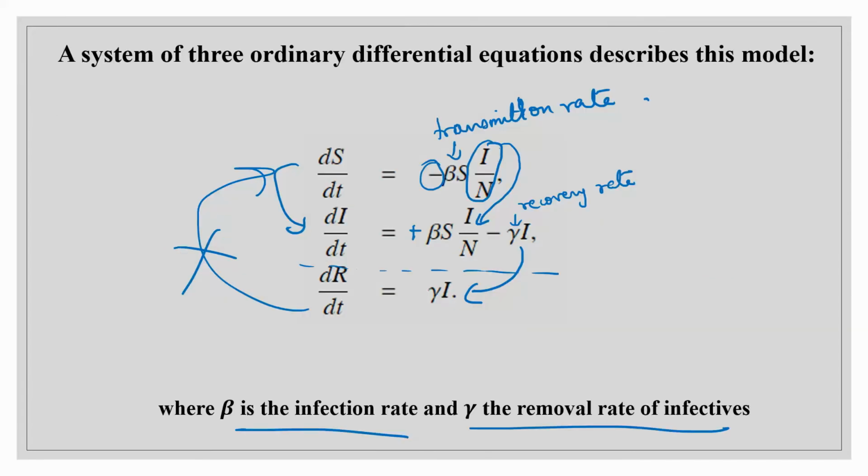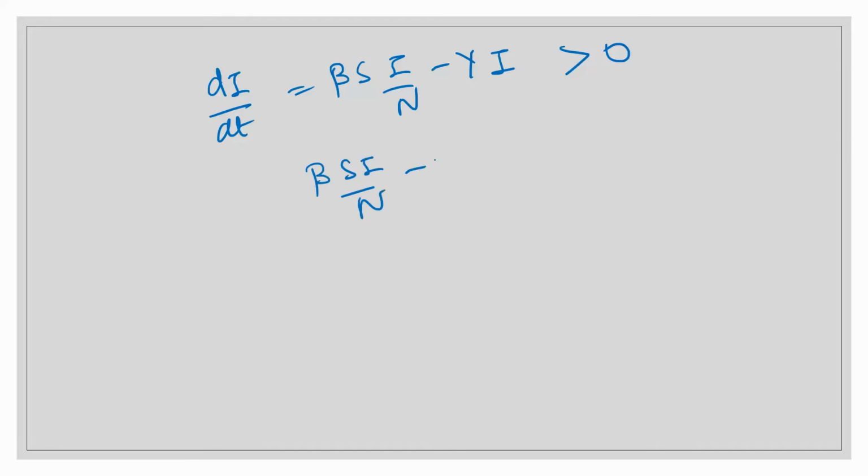If you see the second equation, if I write it over here, dI/dt is equal to beta S I by N minus gamma I. Now when this rate is greater than 0, this implies that beta S I by N is greater than gamma I, and if I write it like this, beta S by N over gamma is greater than 1.